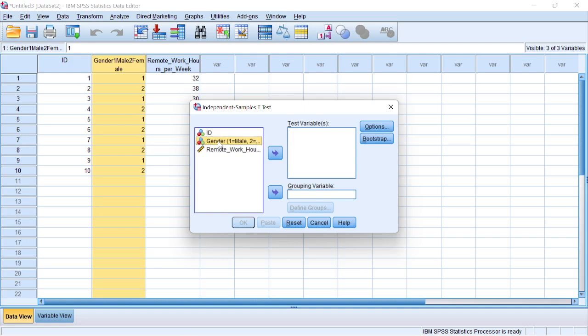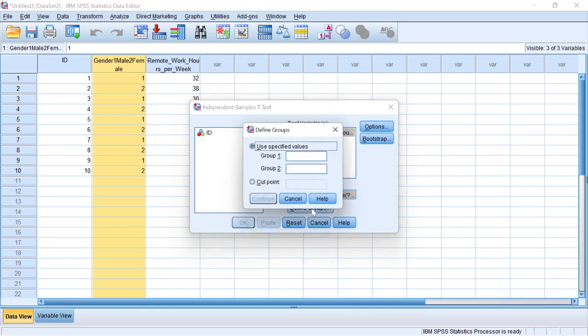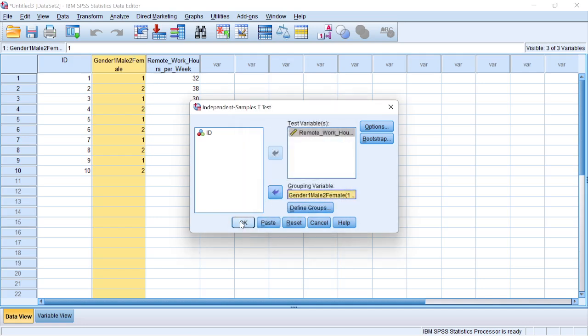Gender, in the sense of male, female, so I'll pull it to the grouping. Then the remote work hours I'll pull to the test variable. That's what we want to use to test and compare the two groups. After you've done that, do not forget you must define groups. Since you know that the first group is 1, which is male, and the second group is 2, which is female, you click on Continue, and you click on OK.